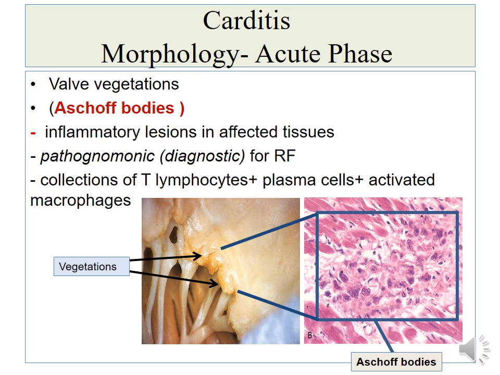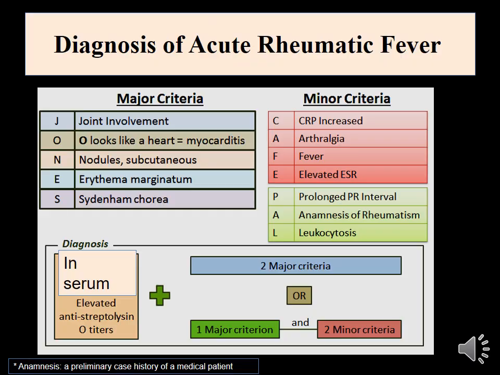This lesion, the Aschoff body, is pathognomonic or diagnostic of acute rheumatic fever. If we take a cross-section and study them under the microscope, we will see that these are collections of T lymphocytes, plasma cells, and some activated macrophages.